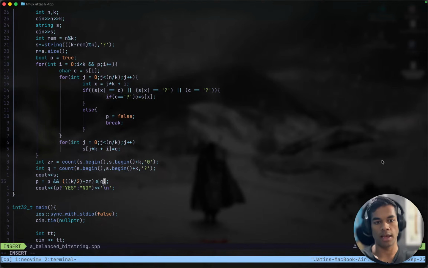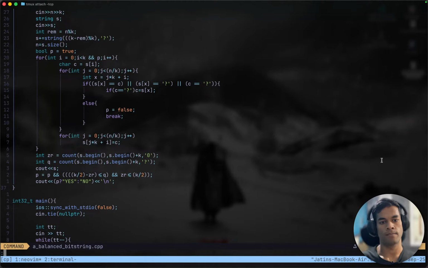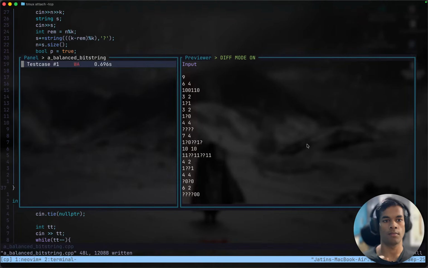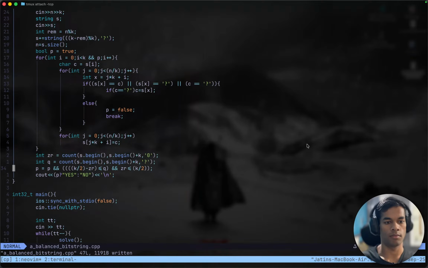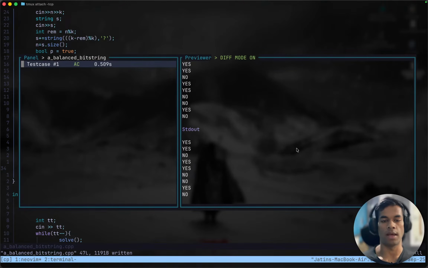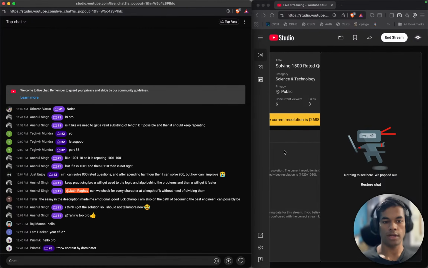This thing and ZR smaller than or equal to K by 2. It is wrong because of this. Okay, it is right now. That is cool.